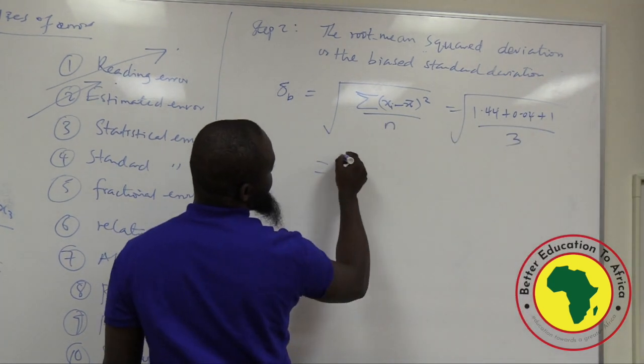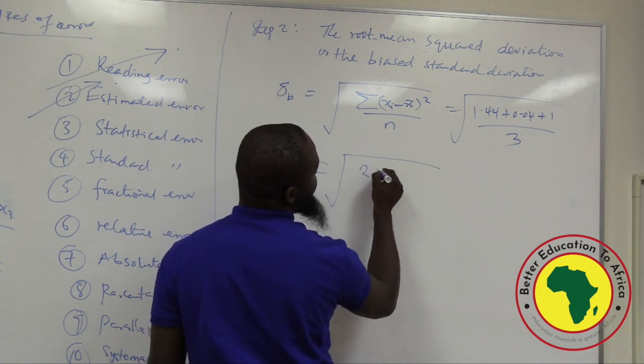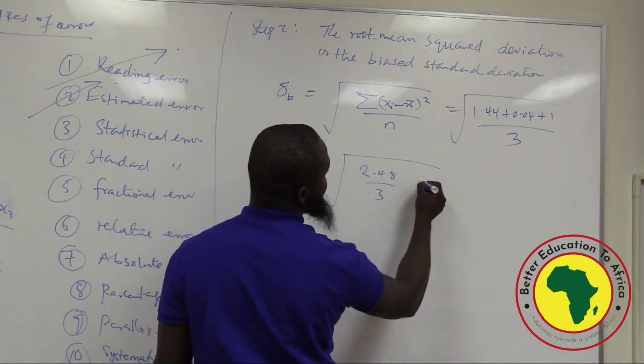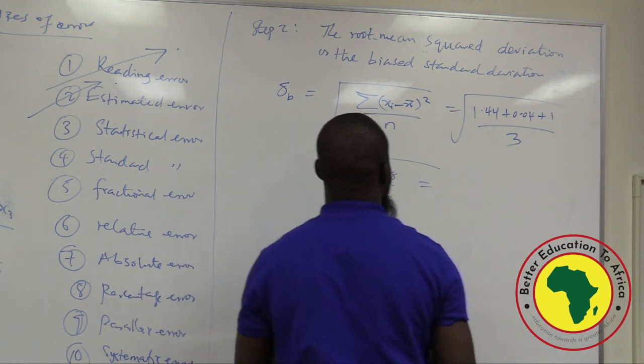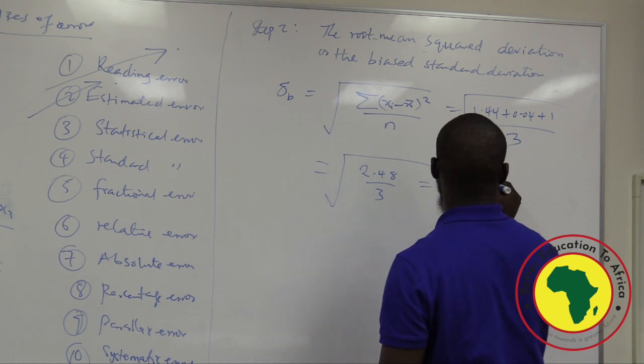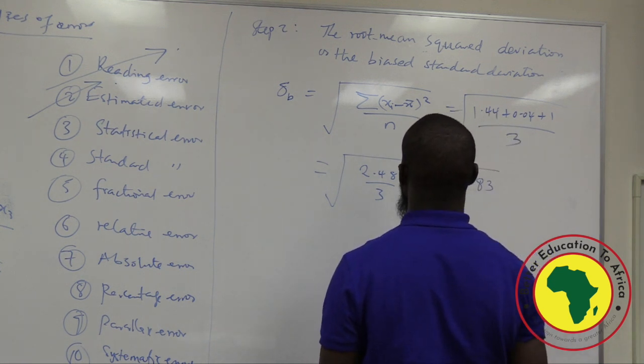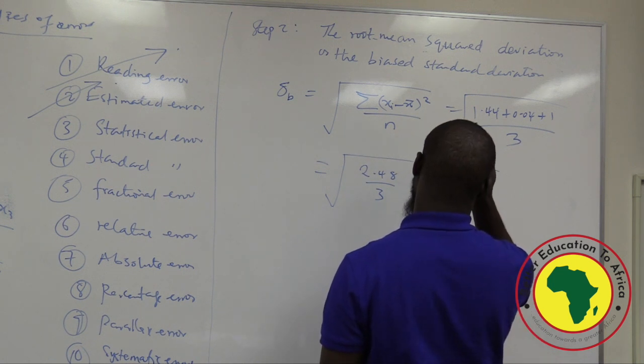So this gives the square root of 2.48 divided by 3. That will give us about 0.83 square root, something like that.